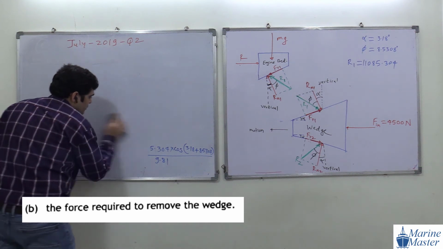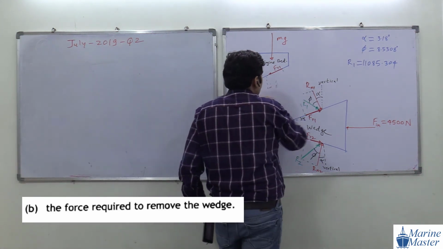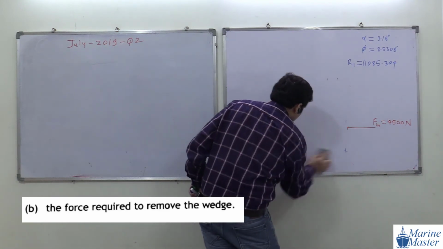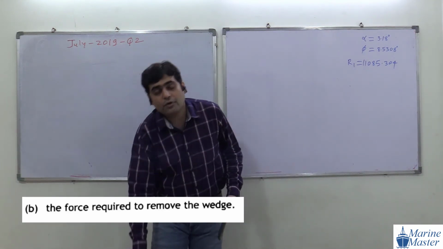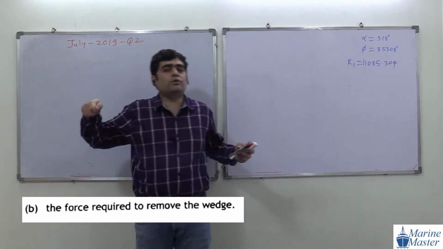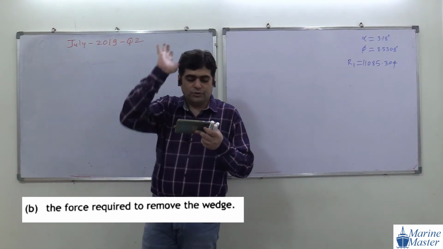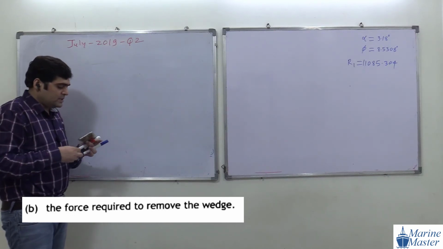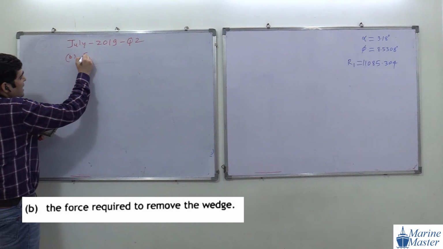They ask for the force required to move the wedge out. In part A they gave us the force required to drive the wedge in, 4.5 kilonewton. But here they are asking for the force required to move the wedge out. What is our target in B part? F out.